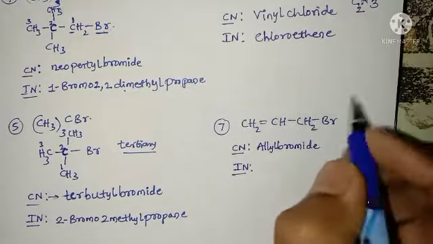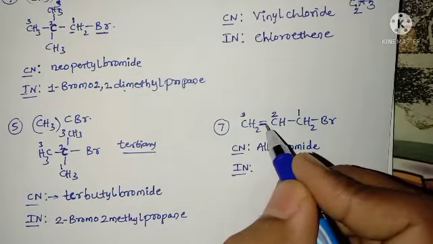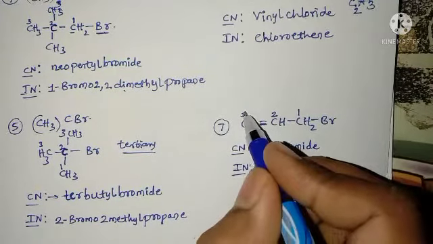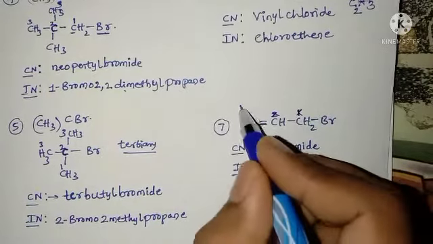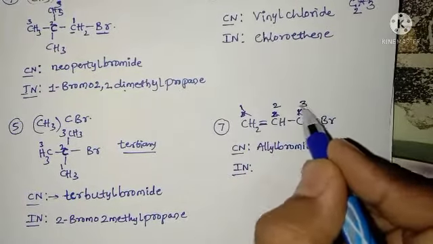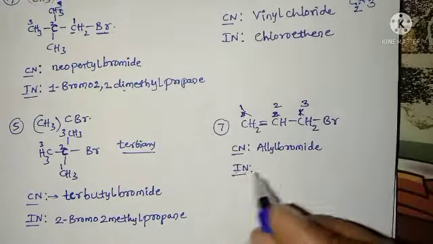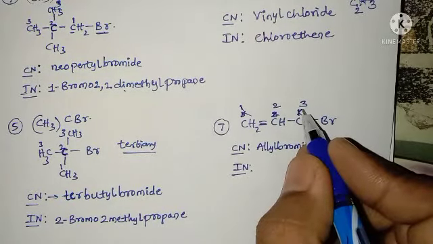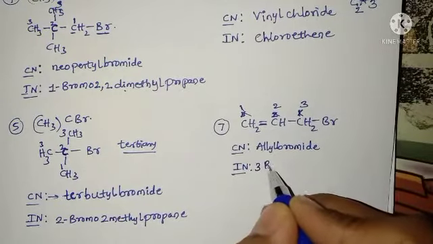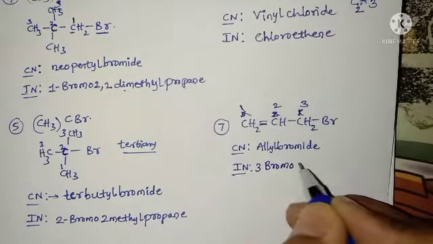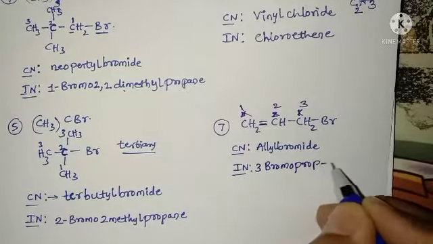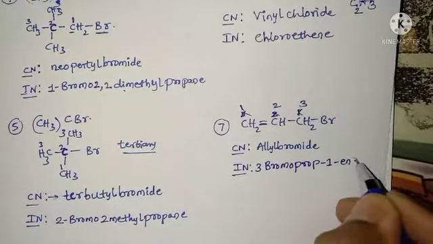But in the nomenclature of haloalkenes, the first preference is given to the carbon-carbon double bond. So here the numbering starts from here, first, second and third, and for the third carbon the halogen atom is attached, that is 3-bromo, 3 carbon atoms are there, it is prop-1-ene.